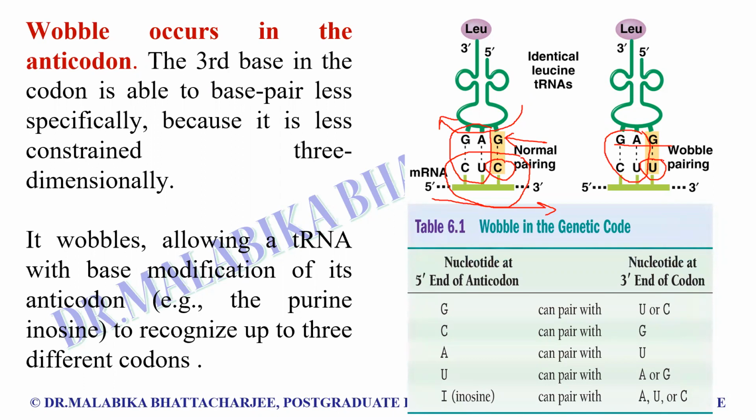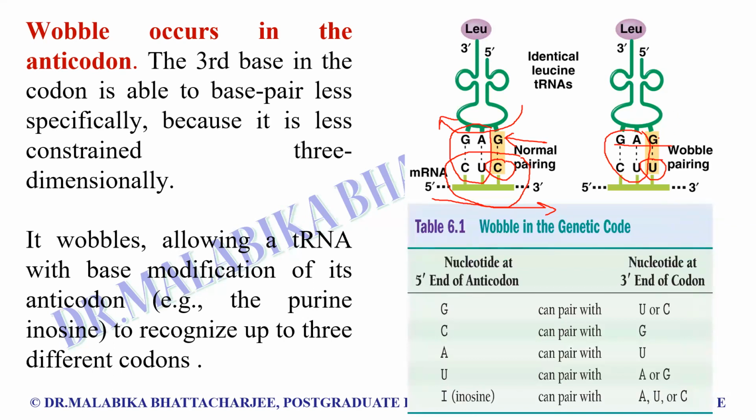the third base in the codon is able to base pair less specifically. It's pairing less specifically because it's at the one end and it is not so much constrained three-dimensionally. And that's what happens. It wobbles.